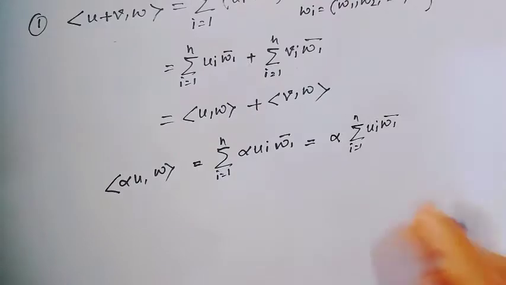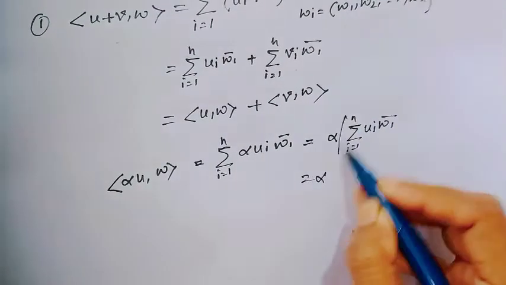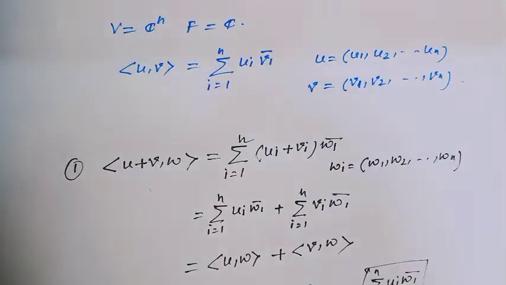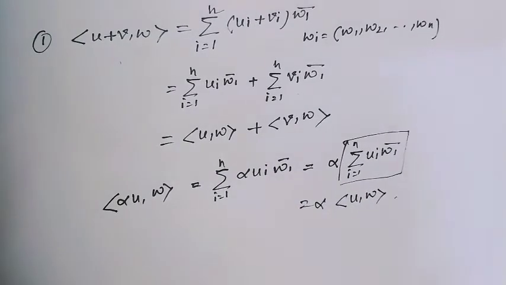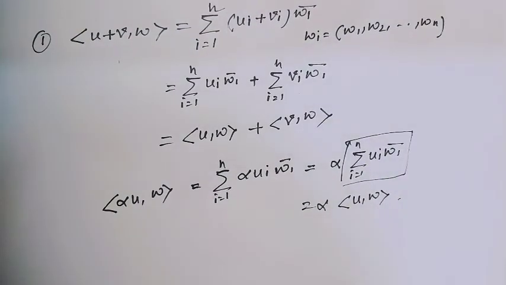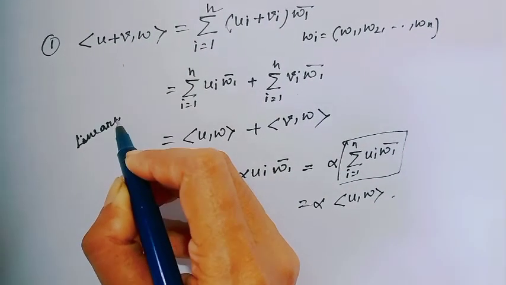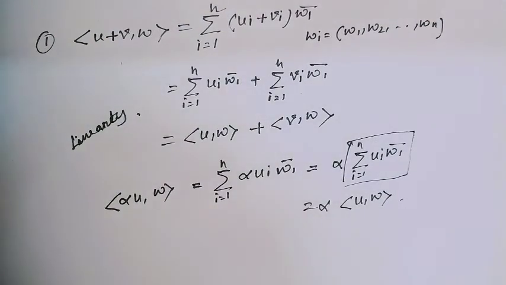And obviously alpha times this is our defined inner product u comma w. That means the condition of linearity has been satisfied here.